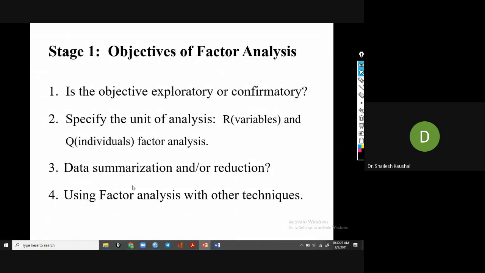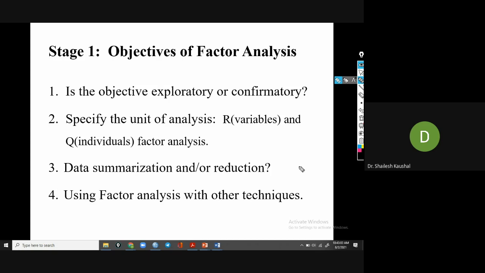Now, there are two types of specifying the unit of analysis: R factor analysis and Q factor analysis. R factor analysis means exploratory factor analysis, and Q factor analysis means cluster analysis. Our purpose here is variables. R factor analysis means we are reducing a large number of questions into a few, for data summarization and reduction, and using factor analysis for other techniques.